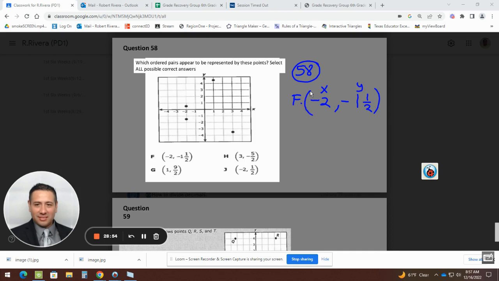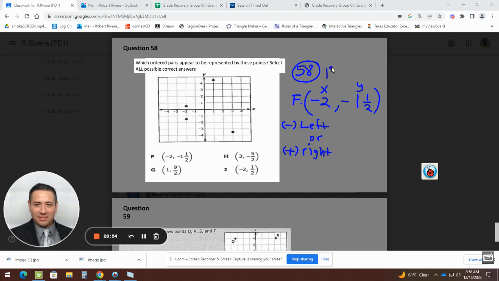The first number always moves left or right. Left if you're negative, right if you're positive.